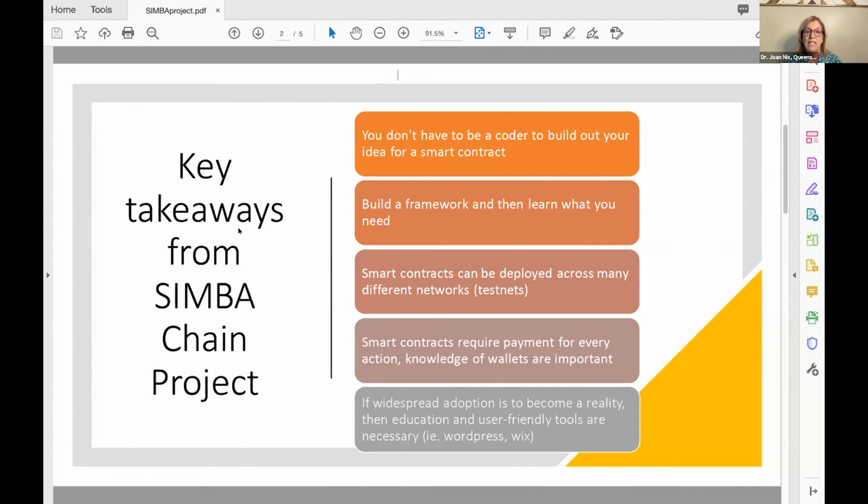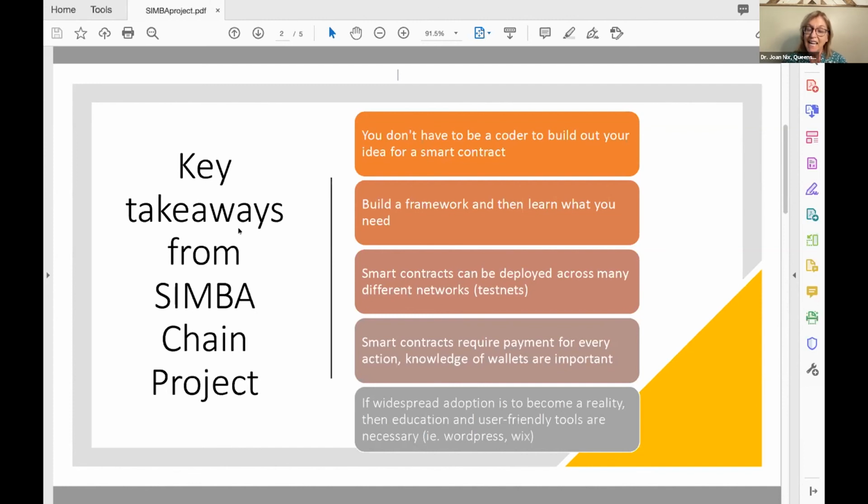What the students really liked was that smart contracts can be deployed across many different networks, and most of them use the testnet, and that a payment was required for every action. So they really got to understand wallets as opposed to reading about wallets and talking about wallets. They really got to understand the importance of wallets for getting transactions completed.